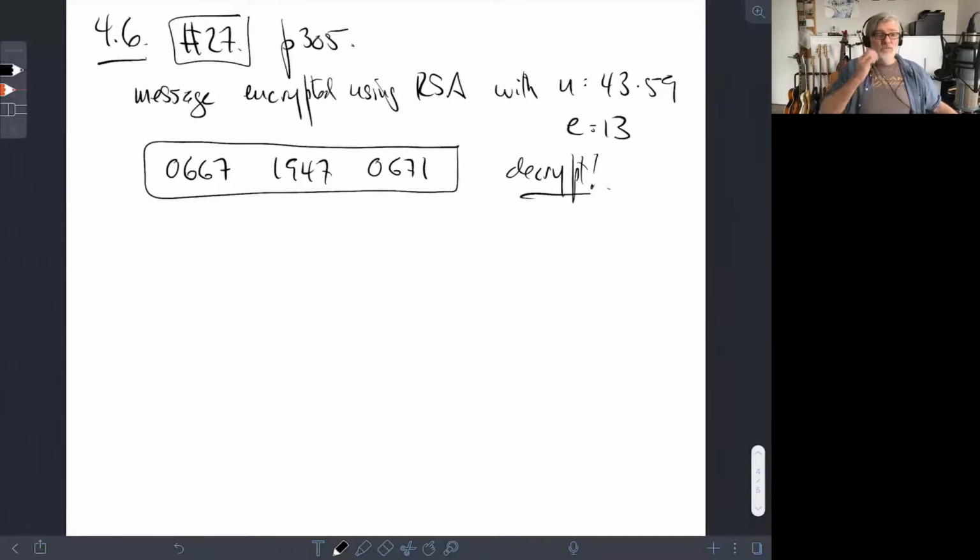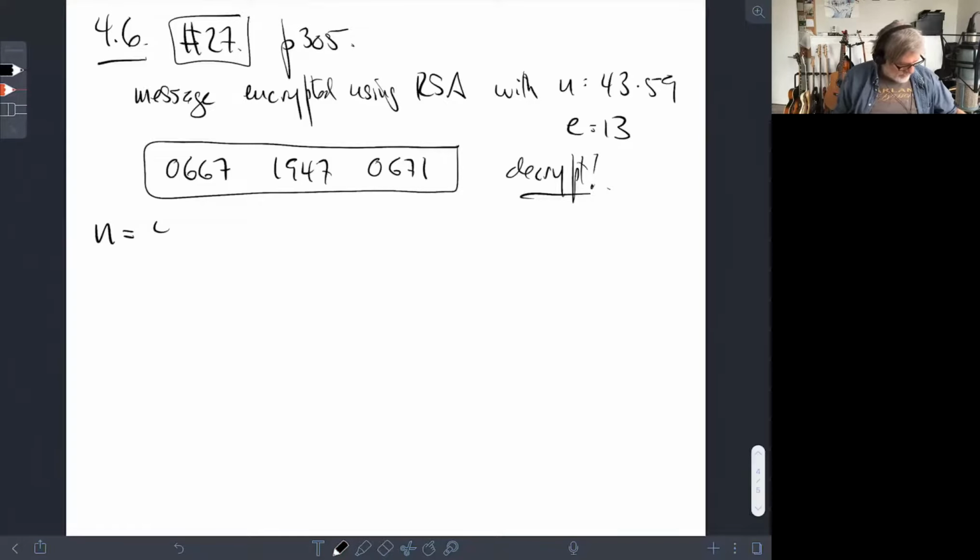I'm saying that if you can do this, you've understood the whole thing about RSA. There are little bits and pieces missing, but still. So I'm going to review a few things about RSA as I'm doing the problem.